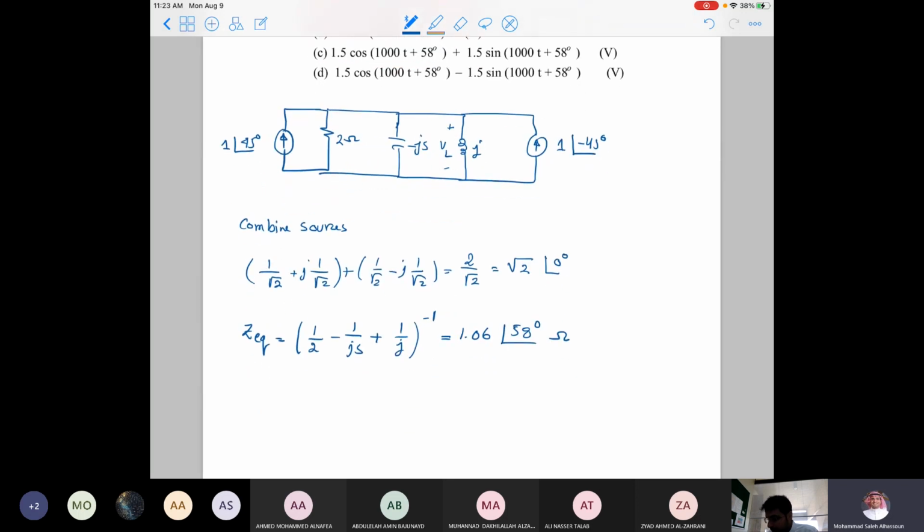So now if we find the equivalent impedance, this one is square root of 2. The angle is 0. You will have... so what is VL here?